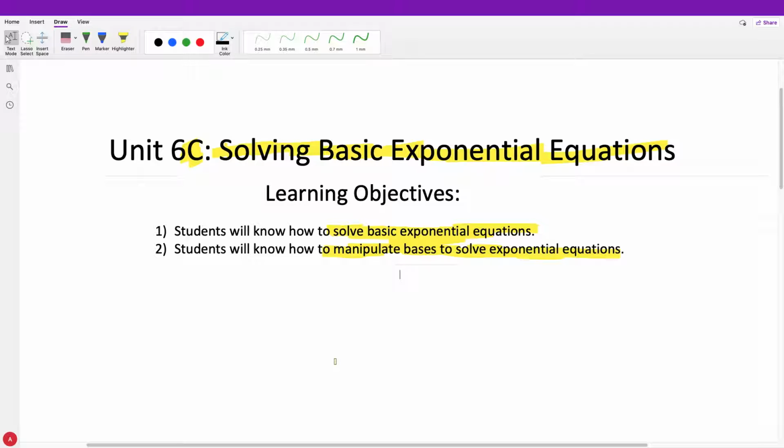And it will also tie into what we learned with our laws of exponents when we're manipulating these bases as well. All right, so this is what your goals are for the end of this video: to know how to solve just basic exponential equations, and then take it a little bit further by having to manipulate some of our bases in order to help us solve.